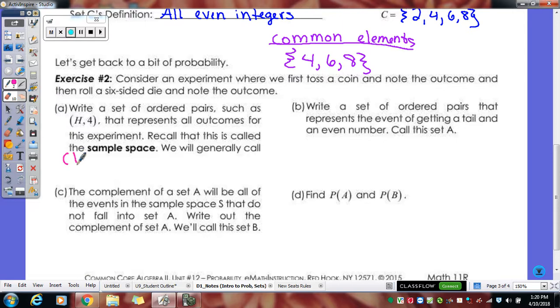So let's start. We could flip a heads and then roll a 1. We could do a heads and then a 2. Heads and then a 3. Heads and then a 4. Heads and then a 5, and then heads and a 6.